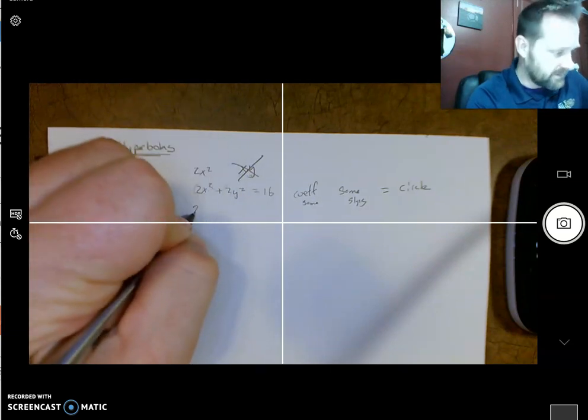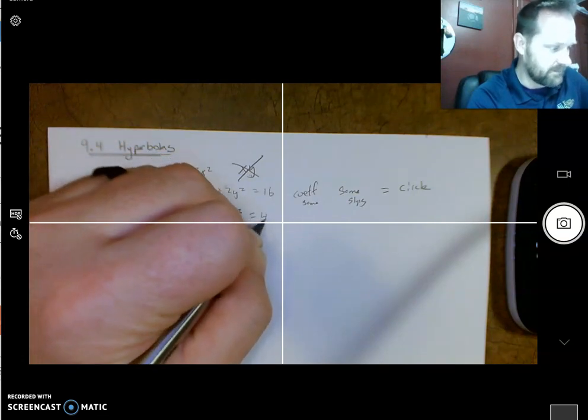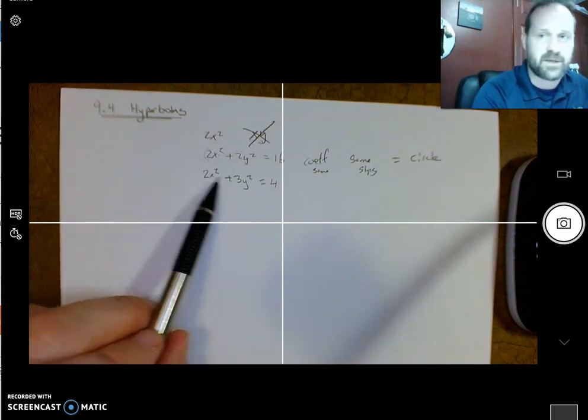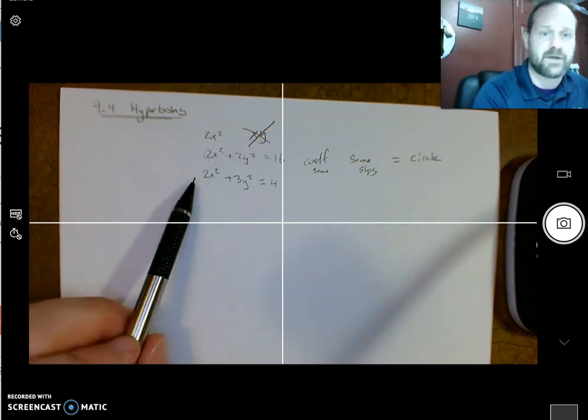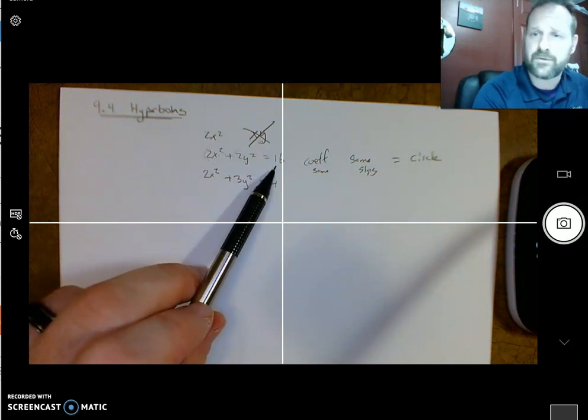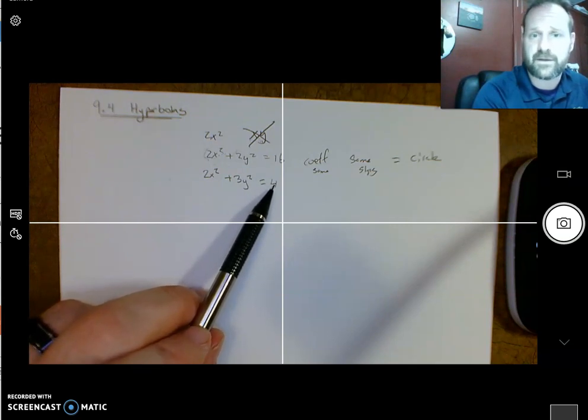Now we have 2x squared plus 3y squared equals, and I'm just pulling these up. This we know right out of the gates would be an ugly ellipse, because we divide all the terms by 4, since we want to set it equal to 1. Remember, with a circle, we're looking for the radius, and we don't set it equal to 1. But with all the others we set it to 1, and I'll explain that in the Zoom.